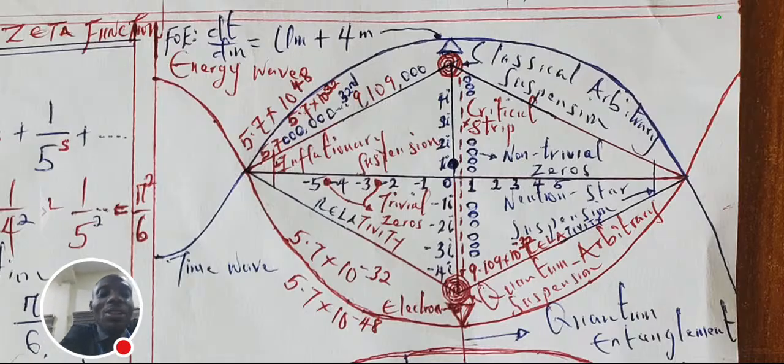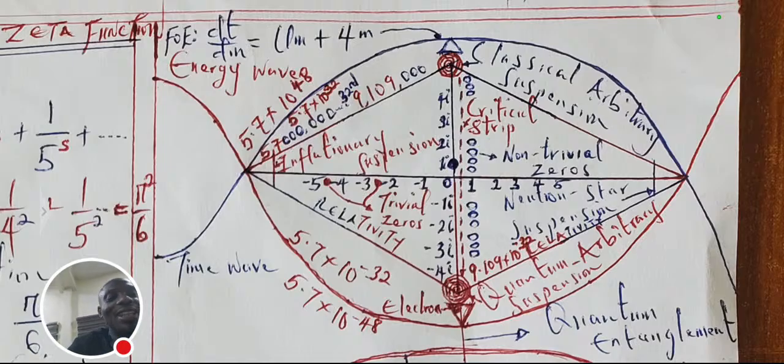And so now the vertical trajectory is the default trajectory of time, and that is instant. The horizontal trajectory at the center, that is the default trajectory of energy, and that is infinite. Now, you can get to know it is infinite by the virtue of the inflationary suspension that we have at Big Bang, and the neutron star suspension that we have at black hole.